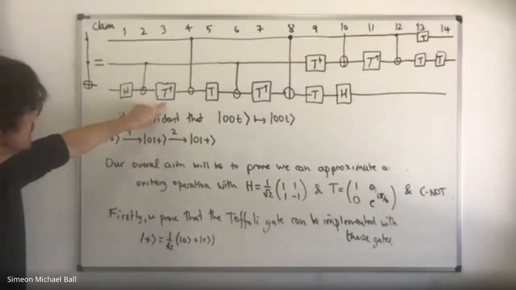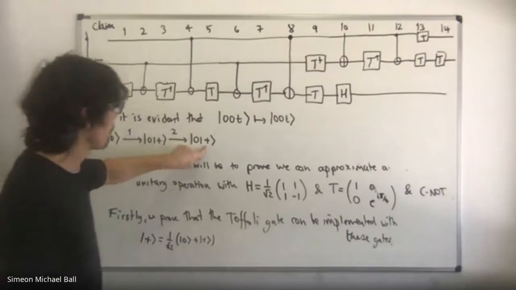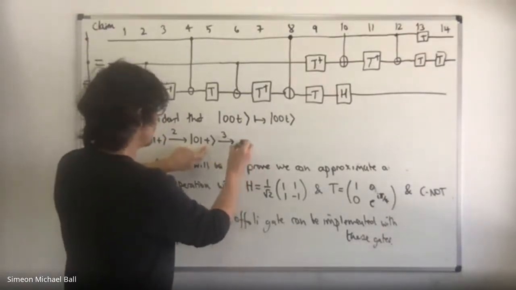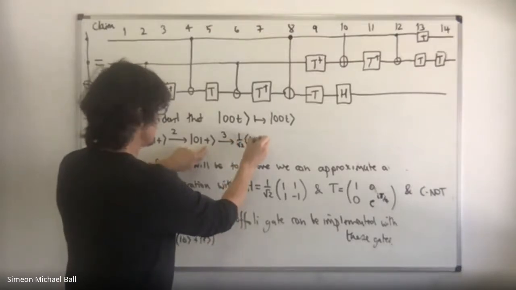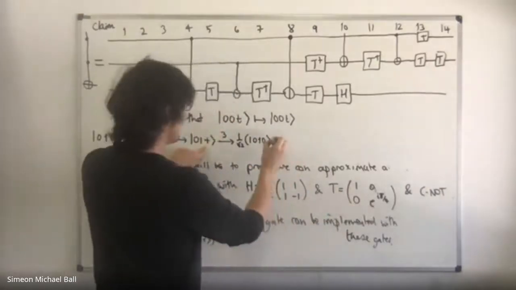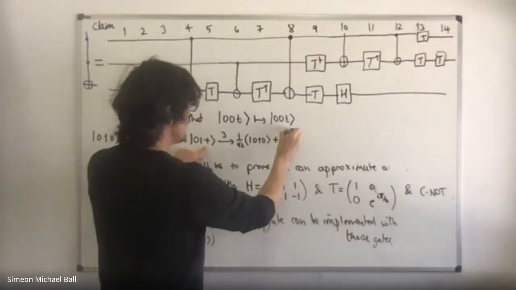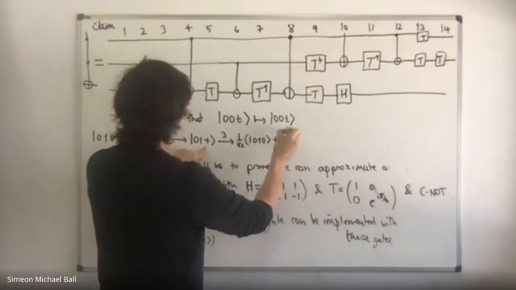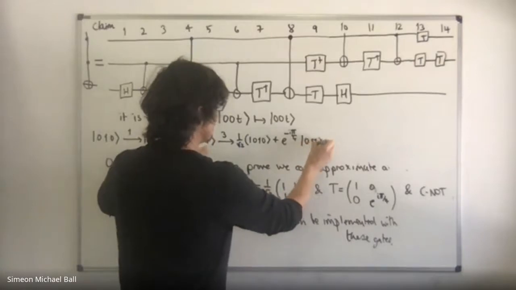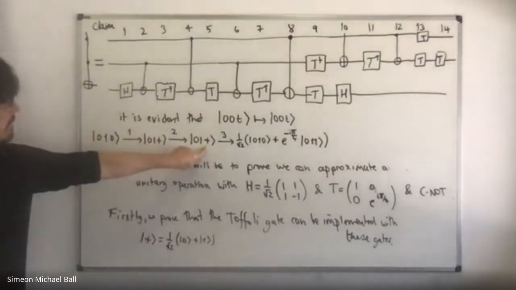Now T conjugate to the third qubit. So the first bit is going to be unaffected, so that's just going to go 0, 1, 0, but the 0, 1, 1 will get a factor here, so this will get an e to the i pi divided by 4 minus, this is T vector, 0, 1, 1.